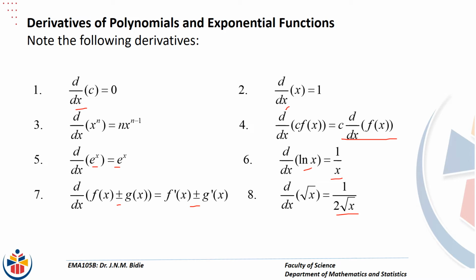And lastly, the derivative of x to the power n is equal to n x to the power n minus 1. Let's do some examples and some exercises to apply these few rules. Note there are more rules, more complicated ones as we move on.